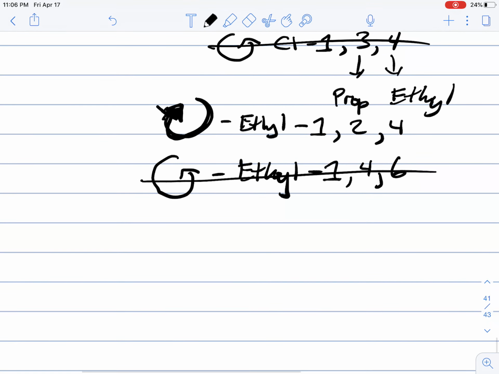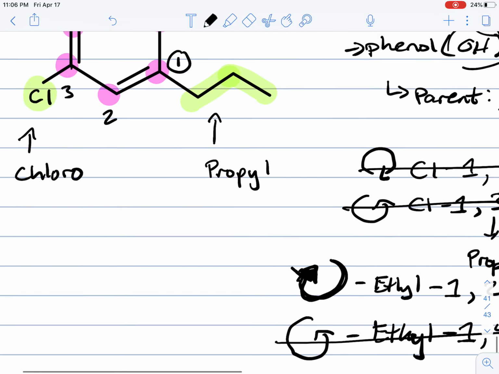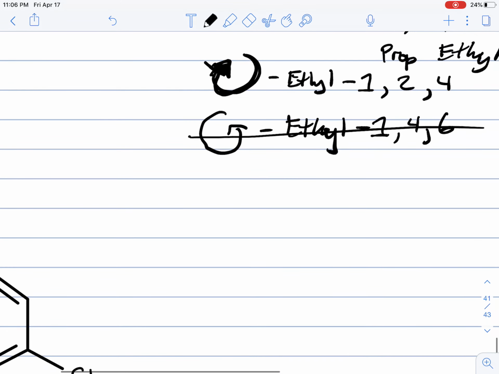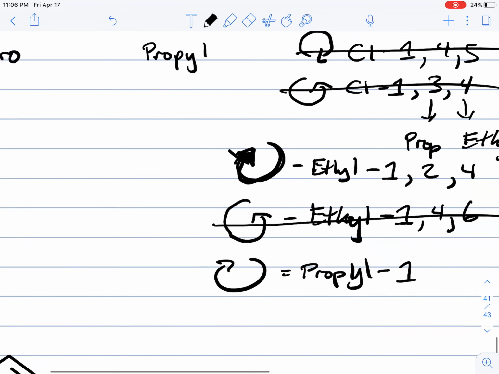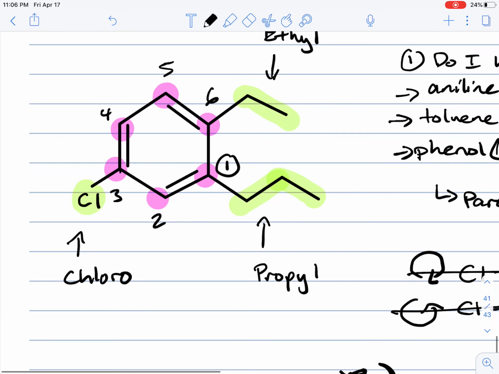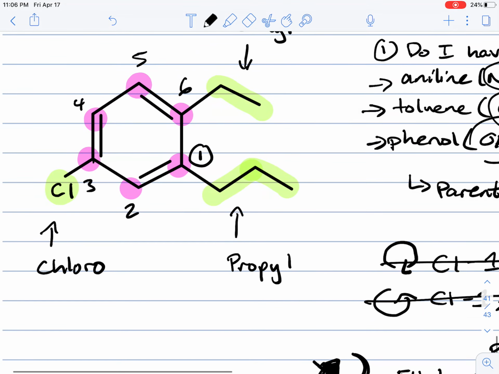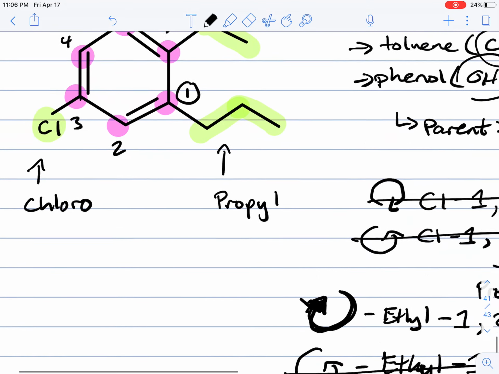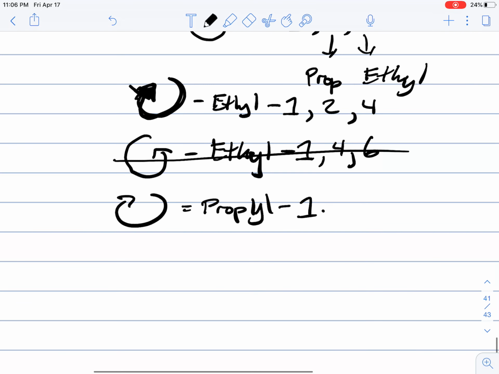So clockwise with propyl being carbon number 1. If propyl clockwise is number 1, then chloro is number 3, and ethyl is number 6. So I have a combination of 1, 3, and 6.